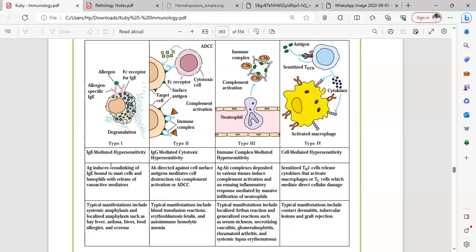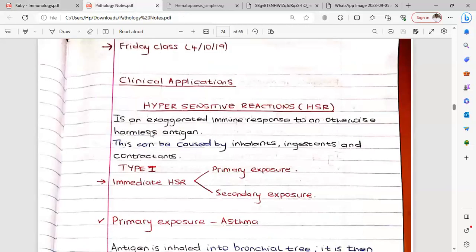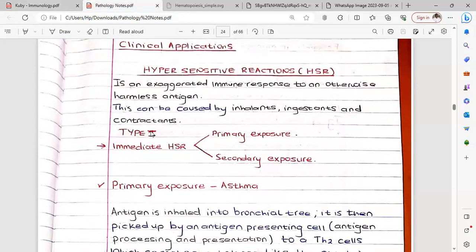But for this, we are saying that the antigen induces a cross-linking of the IgE bound to the mast cells, and then the basophils release vasoactive mediators such as histamine and all that. So let's look at the one that Gonti said.